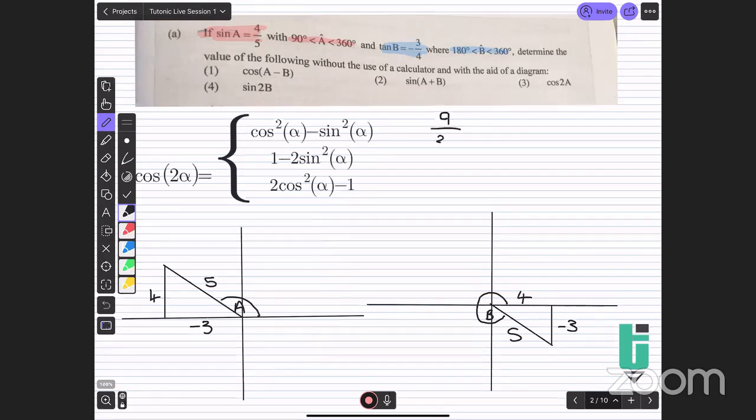And then minus sine squared, which is sine squared for A also, because they want cos 2A, right? So it's 4 over 5 squared, 16 over 25. Minus 16 over 25, which equals negative 7 over 25.